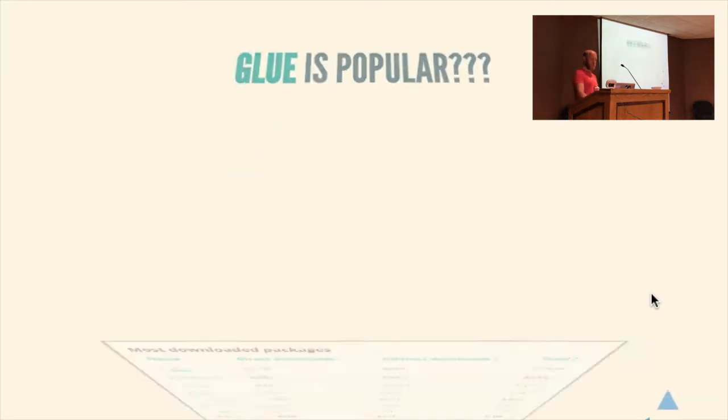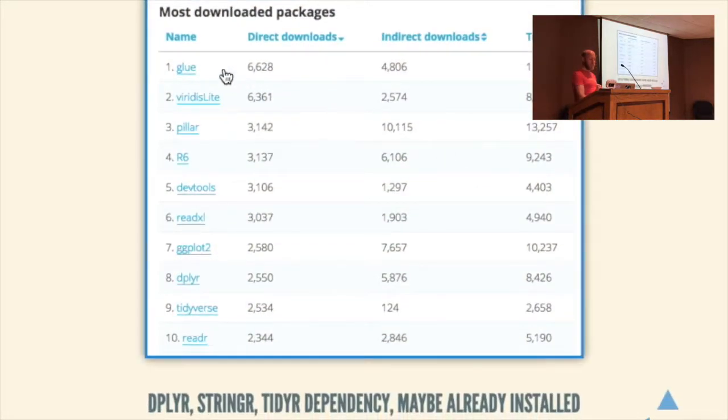So glue is popular, maybe? This is from rdocumentation.org, which is a DataCamp product, our website. You can see glue is the number one most downloaded package by this metric. However, I pretty much guarantee this is not correct.